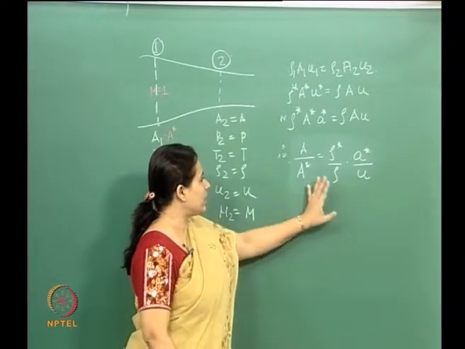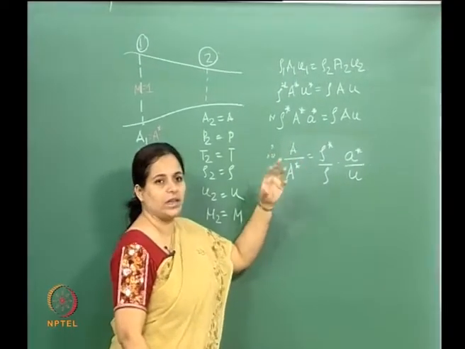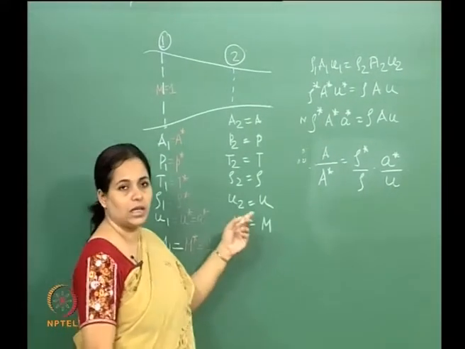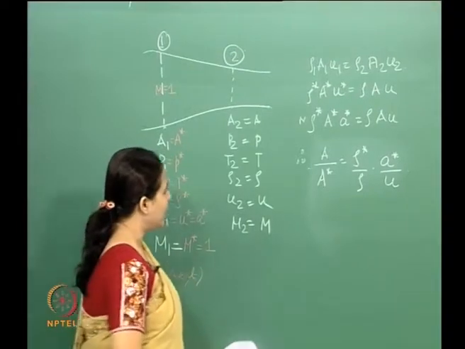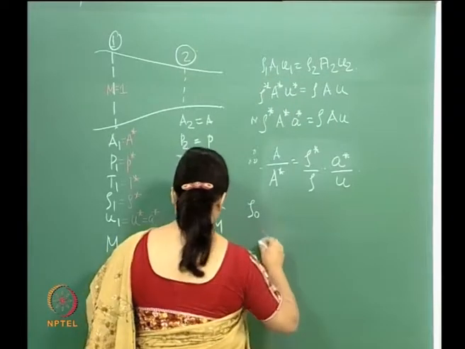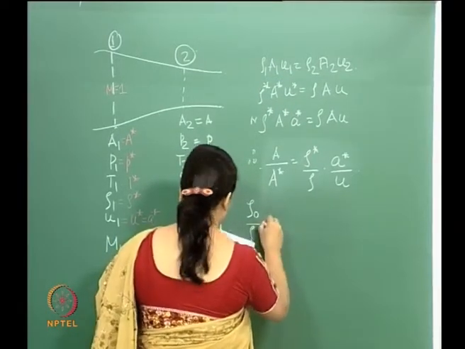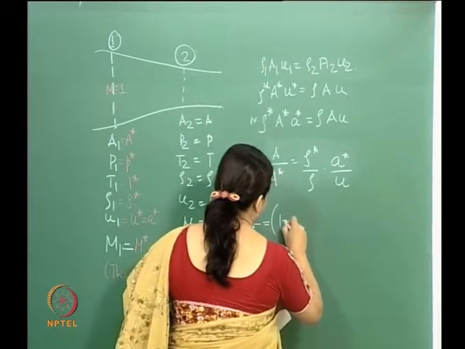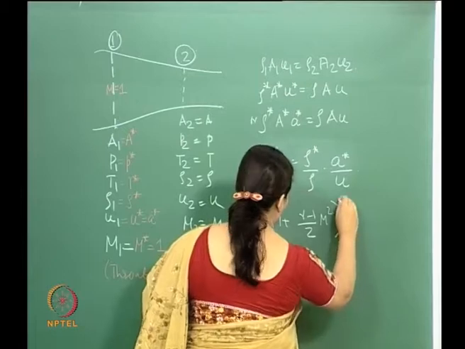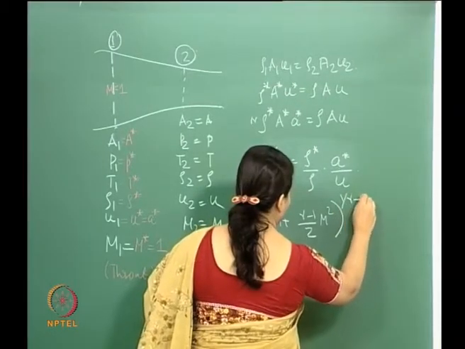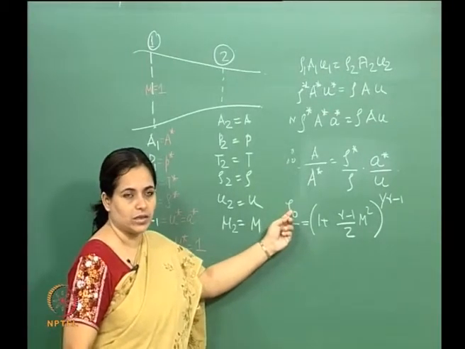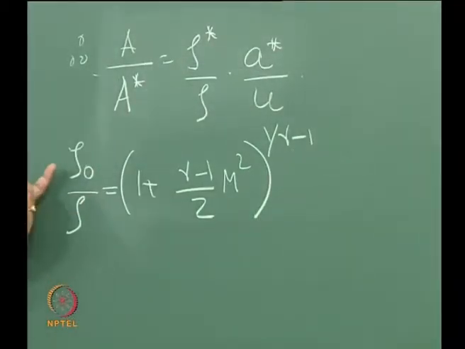Basically, this is something that we get by applying the continuity equation between the throat and any other location. Now if you remember, we have relationships like this. We have talked about these relationships before. So this is the stagnation density.